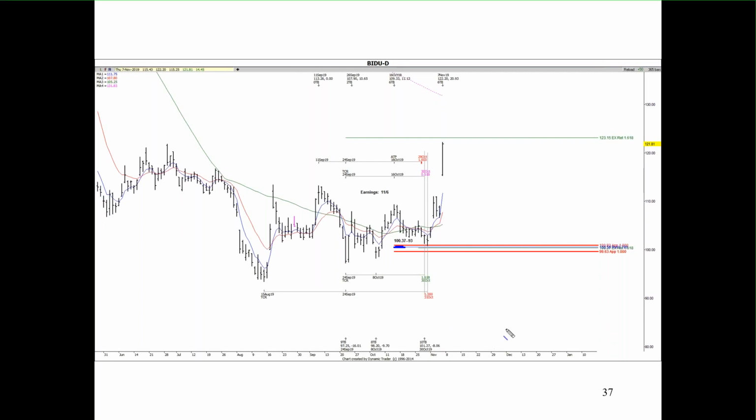But the reason why I was willing to look at this as a trade was because we had taken out a prior swing high and because we had timing. So when I had one, two, three, four cycles that came due between the 29th through the 31st, I was okay looking at buy triggers in Baidu. That initial rally, it looks like it was 20 bucks.